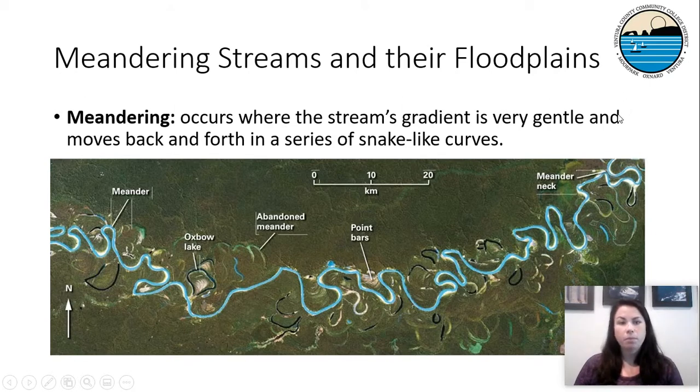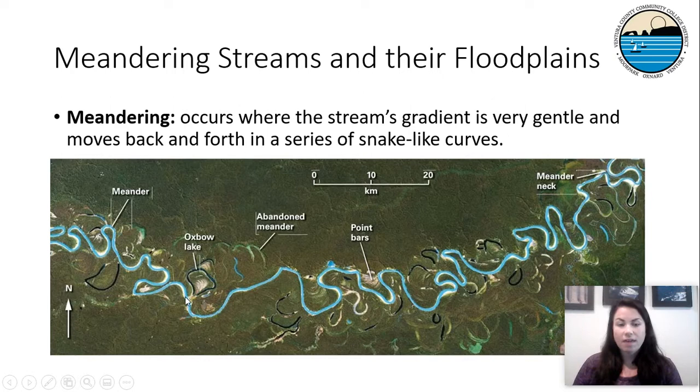Again, here's another example of a meandering stream, and there are all these other things that can happen with a meandering stream. This is where the stream follows the path of least resistance, basically, and over time that could change. The stream might go back and forth, and then with the next event, because topography changed or a flood brought more water input, it changes its direction and cuts off where the previous stream was.